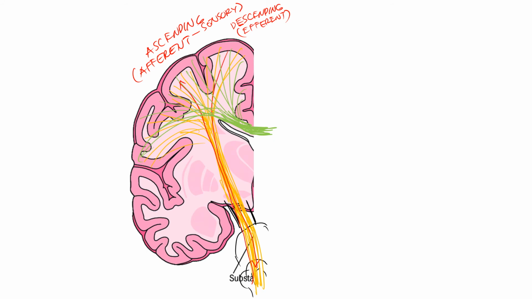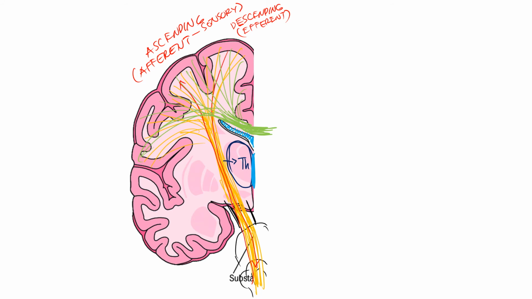You have a central nuclei here, medial to your internal capsule, therefore it is your thalamus. You have a space here filled with fluid, that's your lateral ventricle, and then you have a third ventricle here, a very narrow slit.